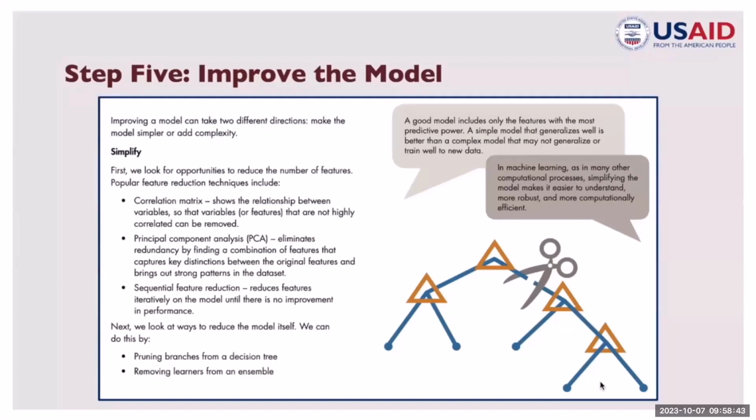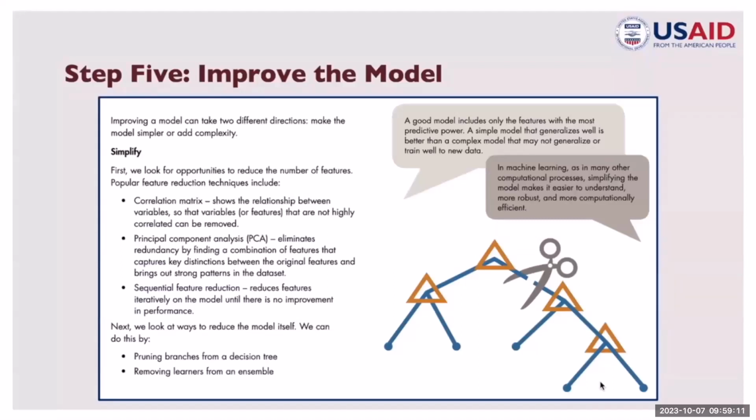A good model includes only the features with the most predictive power. A simple model that generalizes well is better than a complex model that may not generalize or train well to new data. It is very important that the model is able to achieve a very accurate performance, but at the same time is able to converge or generalize on our dataset.